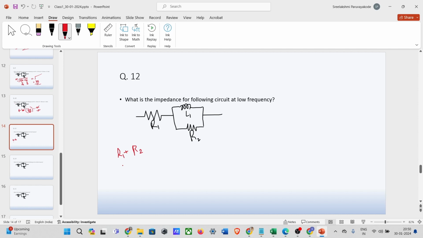For everyone who is saying it is R1 plus R2, can anyone explain why it is so? The current won't be able to flow through the inductor, hence it blocks. Why?